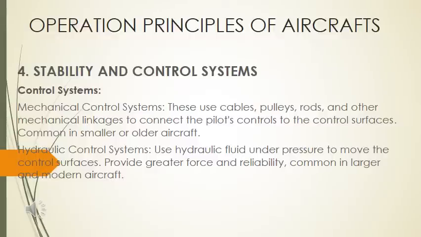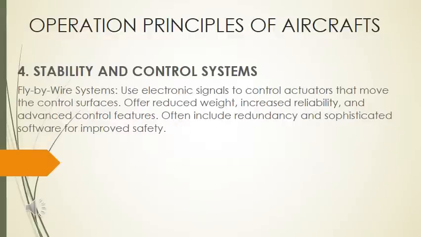I don't know exactly what the fluid could be, but it is the aviation fluid. It is not the same as transmission oil used in vehicles, but it works similarly to that. And then fly-by-wire systems.